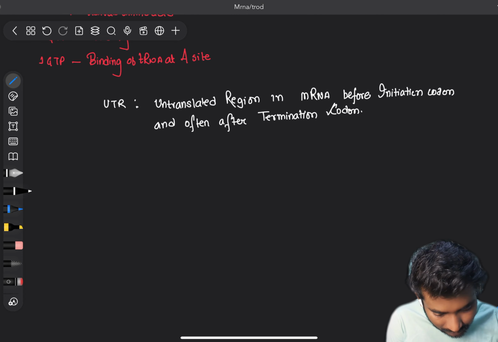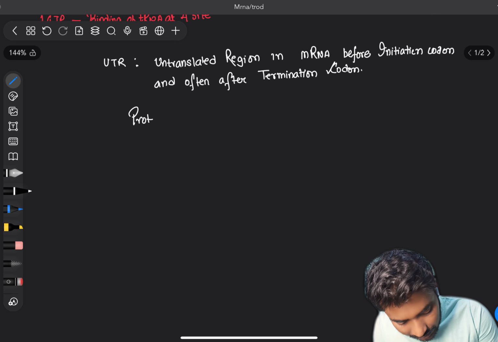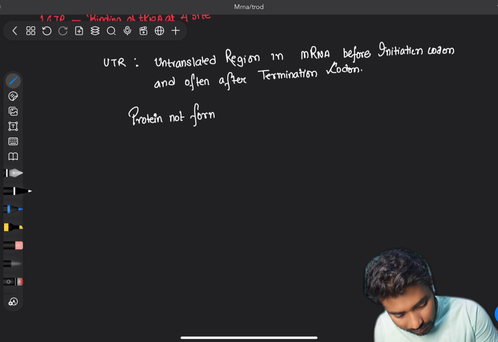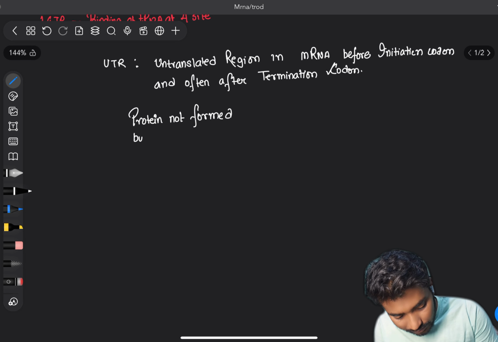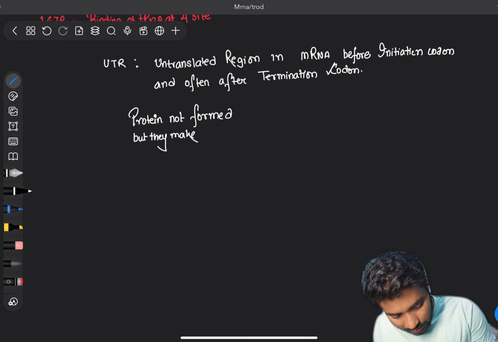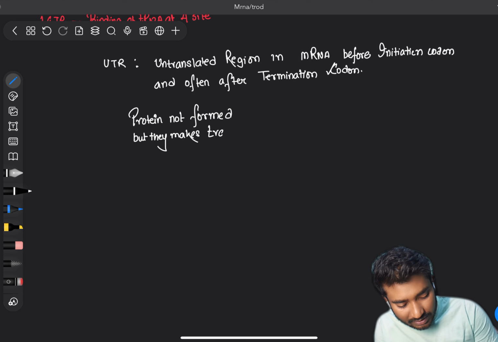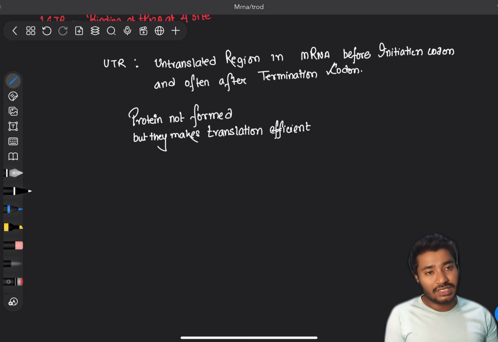Now, proteins are not formed here, but they make translation efficient. Efficient translation is seen here.